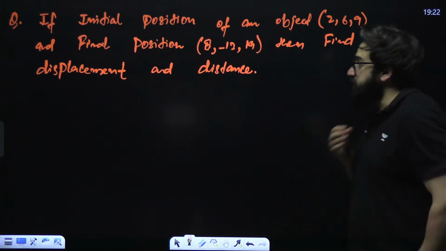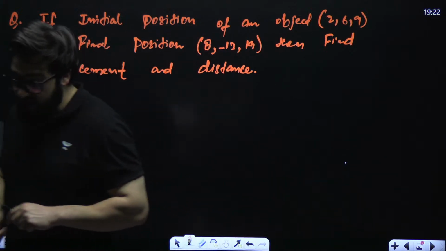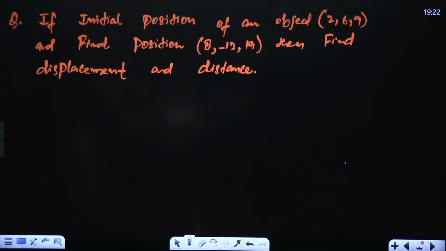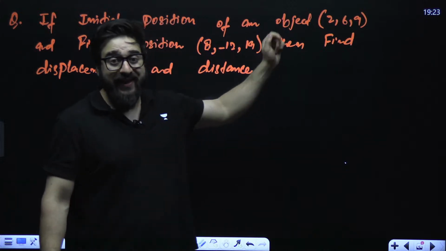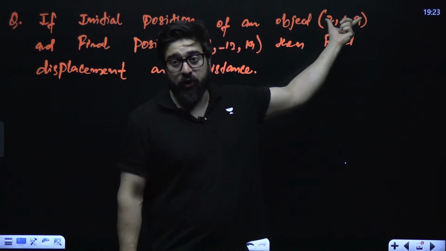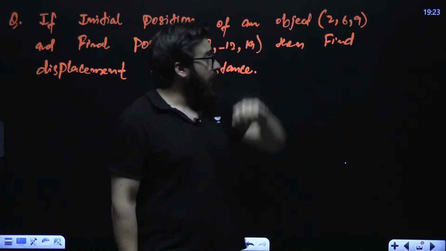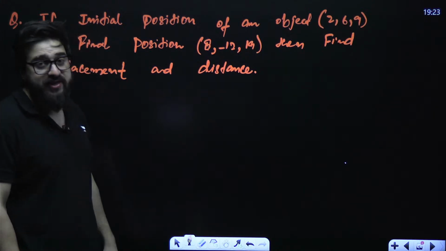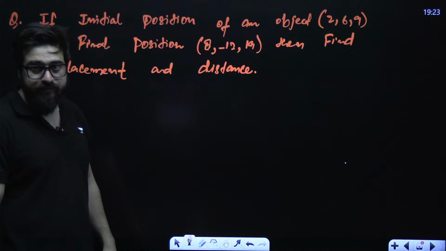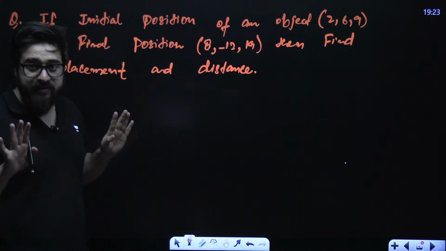Now, this is the question that we have over here, and I would want you guys to solve this particular question from your end. If the initial position of an object is 2, 6, 19, these are the coordinates of an object, and the final position is 8, minus 12, 19.